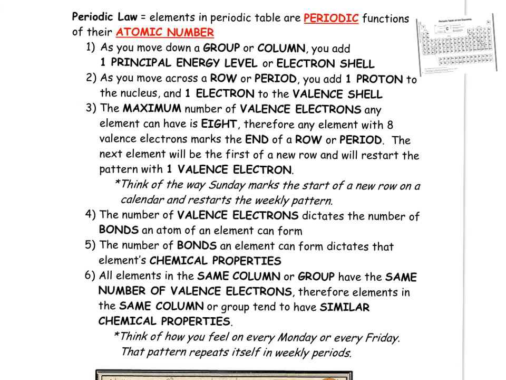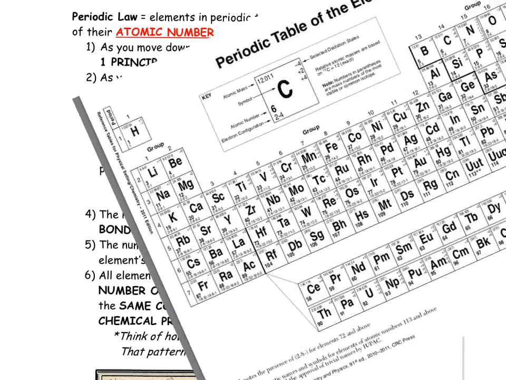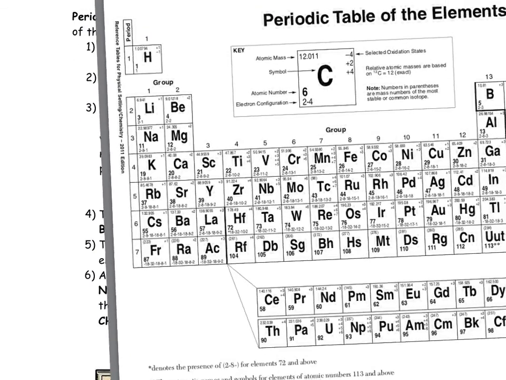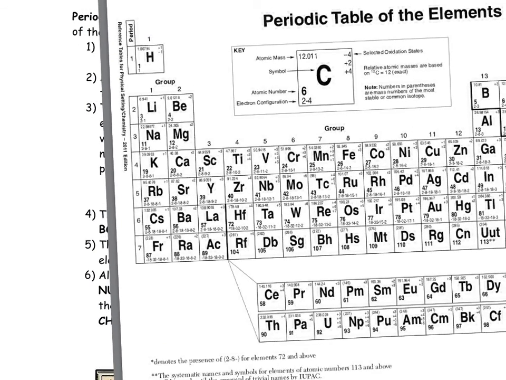Okay, so let's move that over to the side. The number of valence electrons dictates the number of bonds an atom or an element can form. When we get to the bonding unit, this will make a little bit more sense. But if you look at all the elements in the first group, which is the vertical column, group number 1, you'll see that all of them have 1 valence electron. 1 valence electron makes those elements have similar chemical properties.